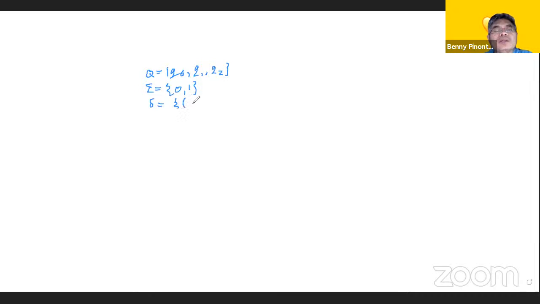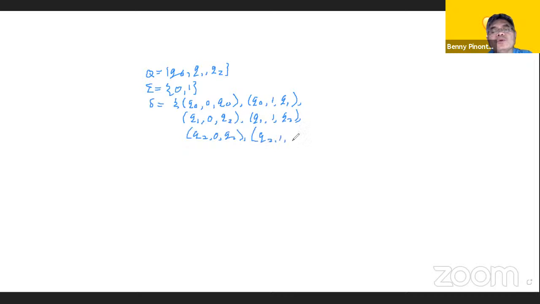Now this is the function: Q0 with 0 to Q0, and Q0 with 1 to Q1, and then Q1 with 0 going to Q2, Q1 with 1 going to Q2, Q2 with 0 going to Q2, Q2 with 1 going to Q2.